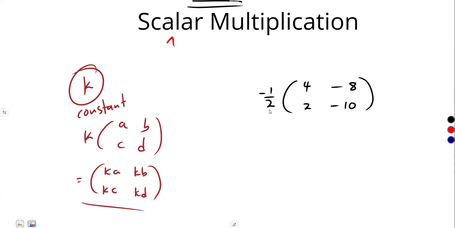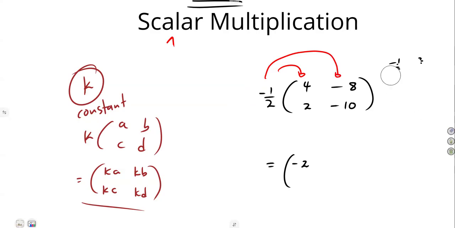The effect of a scalar is that it multiplies each and every term inside. So that is minus half times 4. 2 into 2, 1 into 4, that's 2. So minus 1 times 2, that's minus 2.